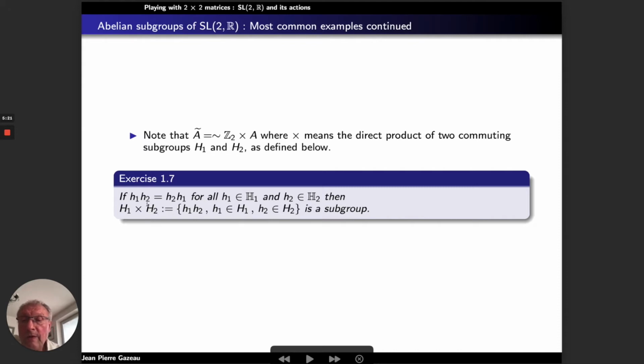So for any element h1 and any element h2, the product h1 h2 is equal to h2 h1. Okay? And it's necessary, in this exercise, to prove that this product made of all products h1 h2, where h1 belongs to capital H1 and h2 belongs to capital H2, is a subgroup.